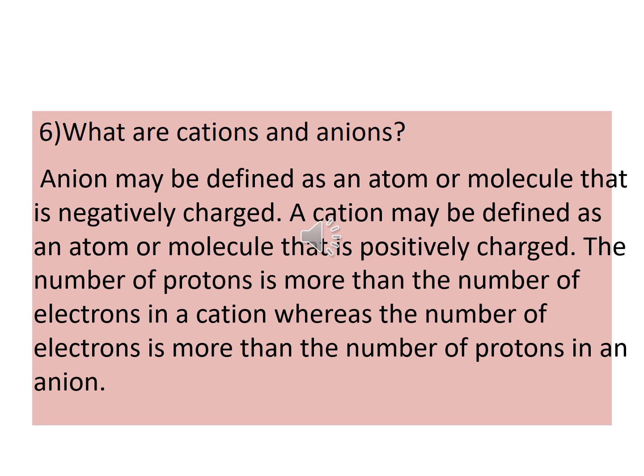A cation may be defined as an atom or molecule that is positively charged. The number of protons is more than the number of electrons in a cation, whereas the number of electrons is more than the number of protons in an anion. Okay, did you complete writing?